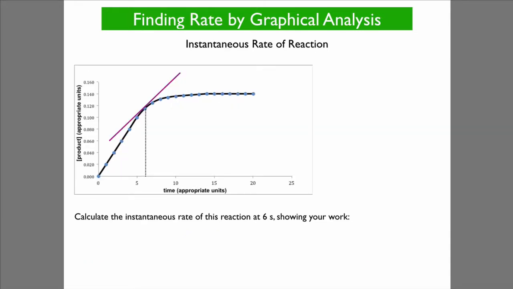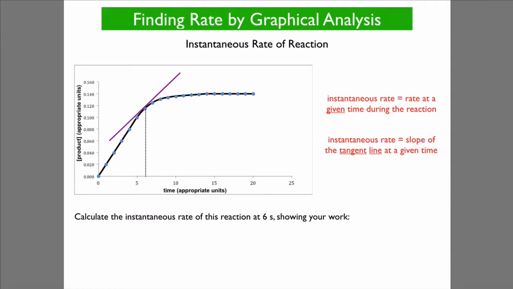Instantaneous rate of reaction. It asks us here to calculate the instantaneous rate of the reaction at 6 seconds. Instantaneous rate is the rate at a given time during the reaction, so at a specific time. In this case, we want to know 6 seconds. You calculate the instantaneous rate by working out the slope of the tangent line at a given time.